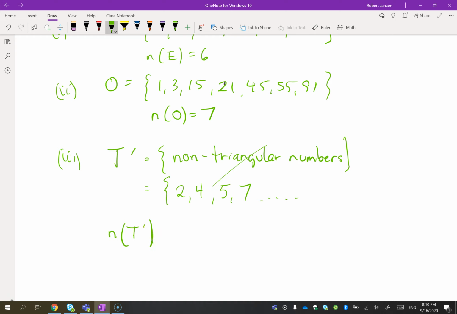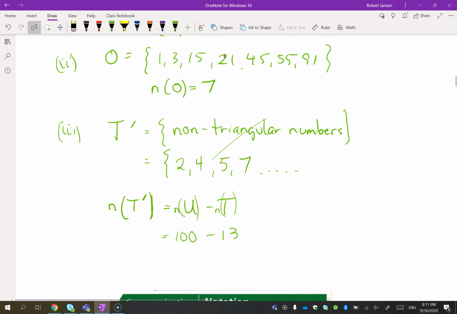So the number of non-triangular numbers would be the universal set take away the triangular number set. It's really the number of the universal set minus the number of the triangular set. So there's 100 elements in there, and there were 13 that were triangular. This means that there are 87 non-triangular numbers.